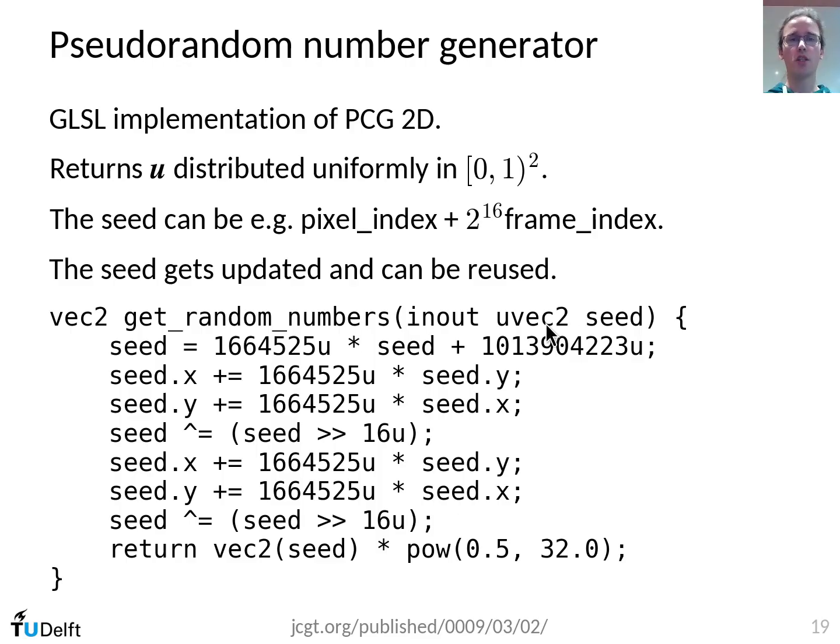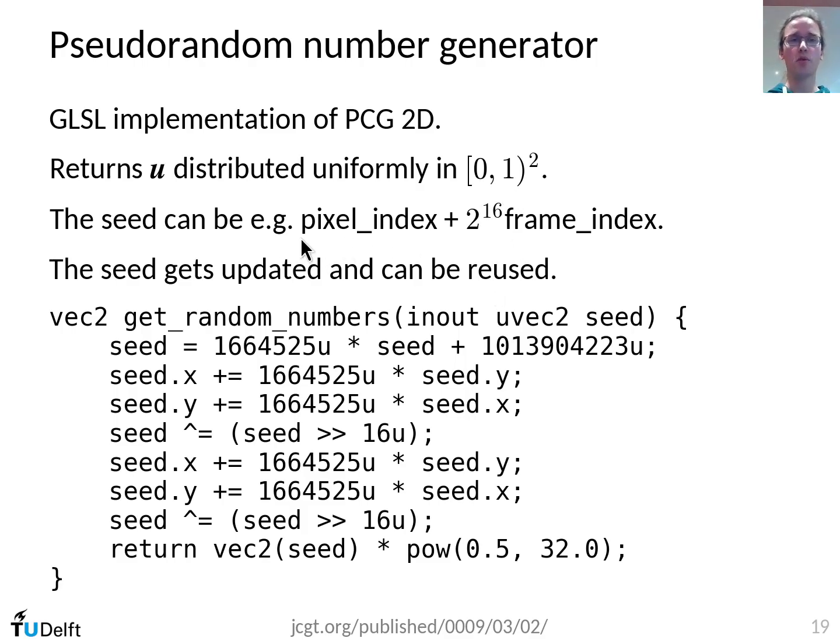And the way this works is that we have to give it a seed. So these are just some integers that will be different every time we invoke this function. And then out of this, we get 2 random numbers distributed uniformly in the unit square. So we get 2 random numbers from 0 to 1.